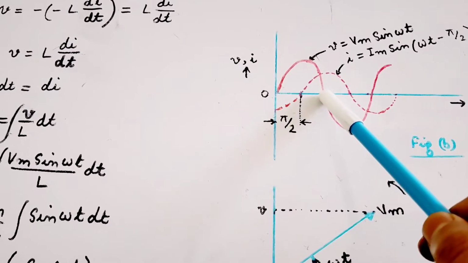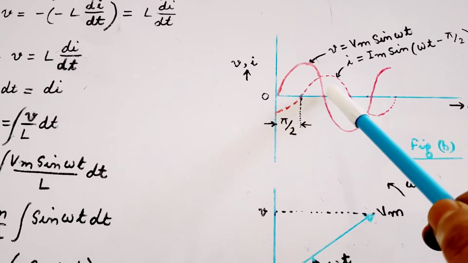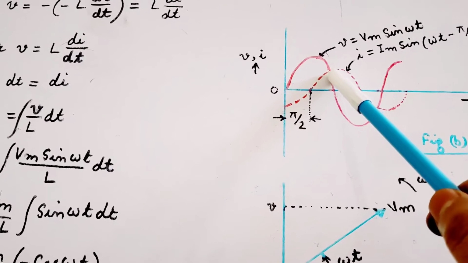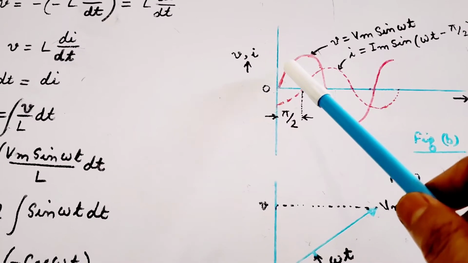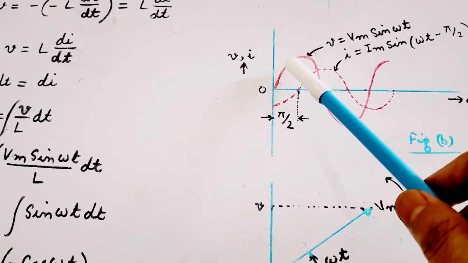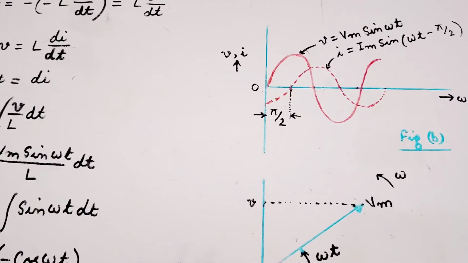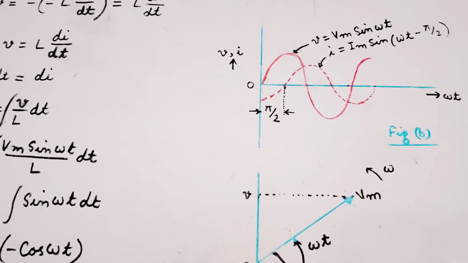When the voltage is again 0 at 180 degrees, the current is maximum. So we find that there is a phase difference of 90 degrees or pi by 2 radians between the voltage and the current in case of a purely inductive coil.